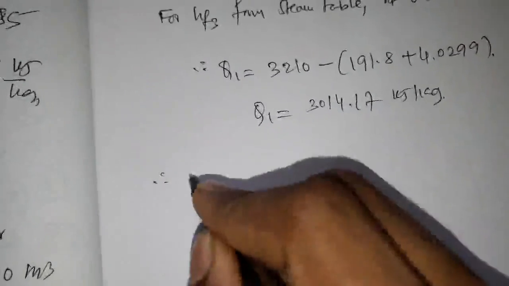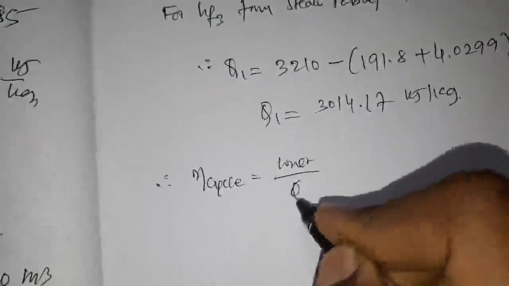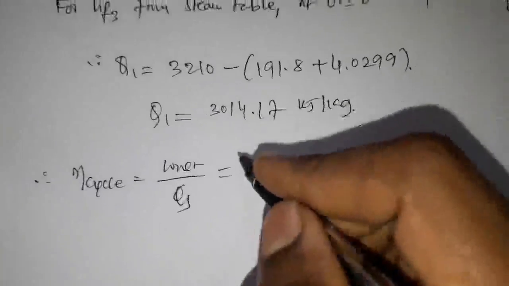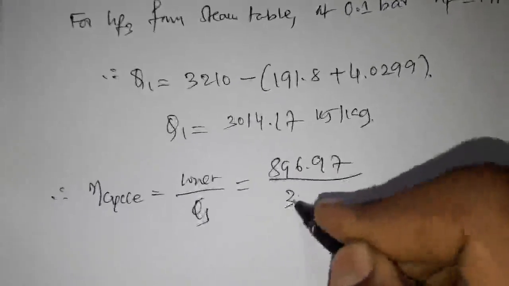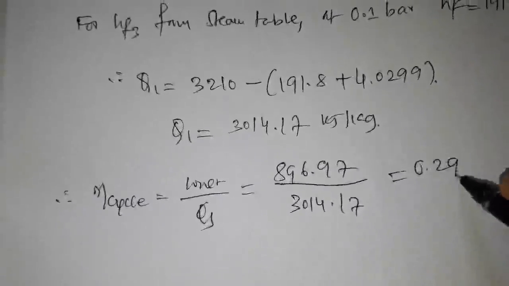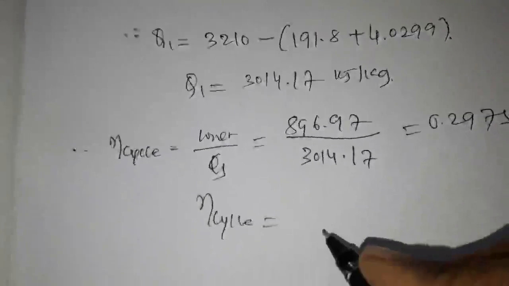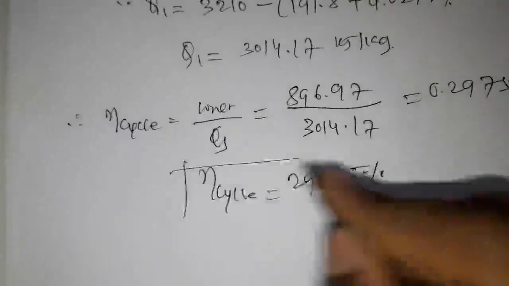Hence cycle efficiency is equal to W net upon Q1, 896.97 divided by 3014.17. So this is 0.2975. So cycle efficiency is 29.75%.